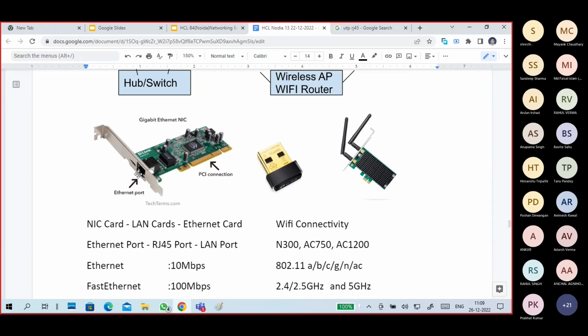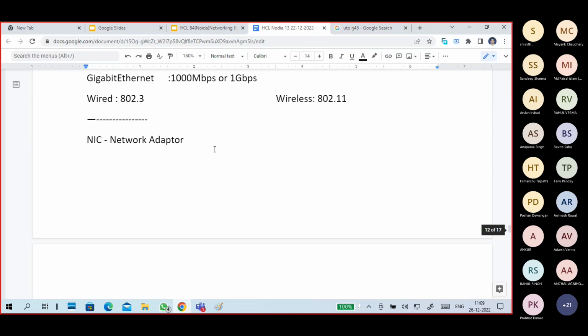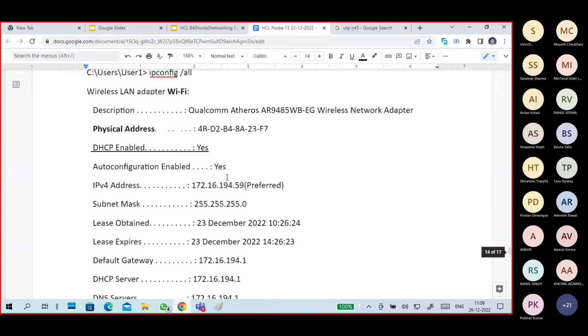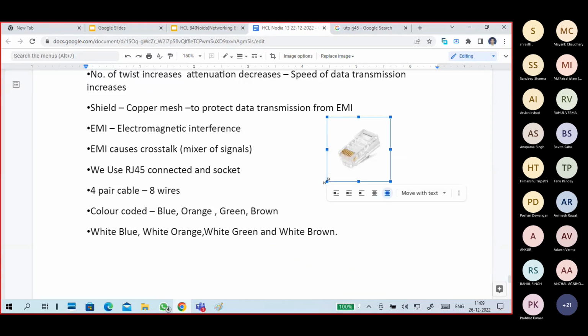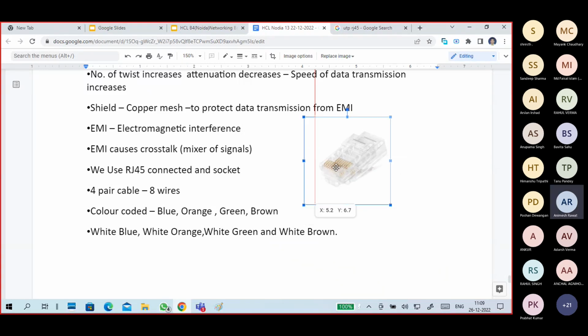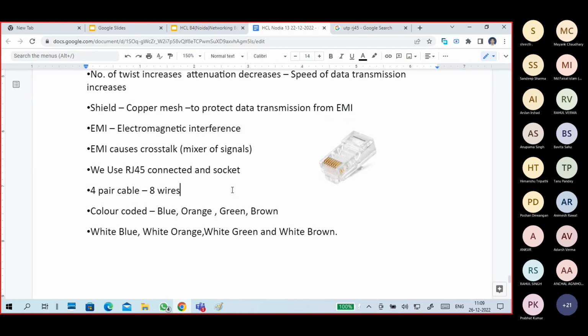This is again a twisted pair cable type, UTP or STP type connectivity. We cannot insert a coaxial cable or fiber optic cable into it. So the ports for the devices are different for the cables, depending upon the use and the connectivity. Okay.